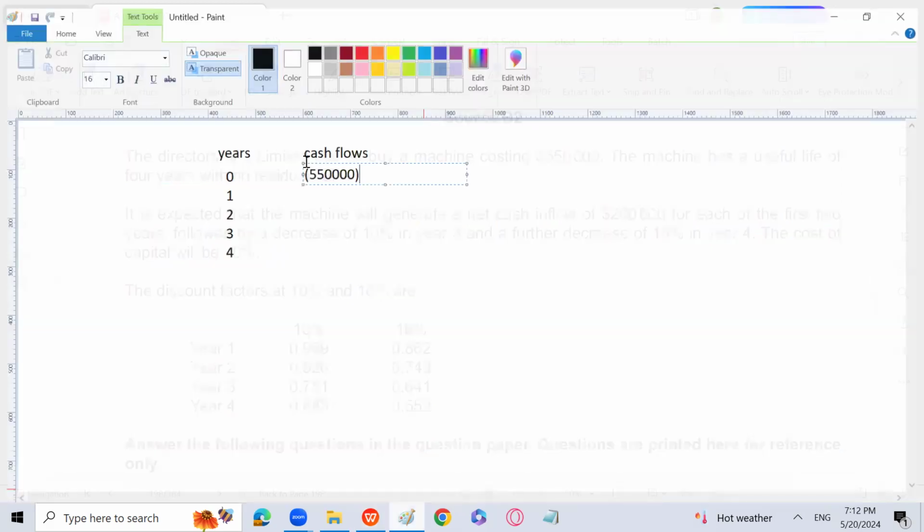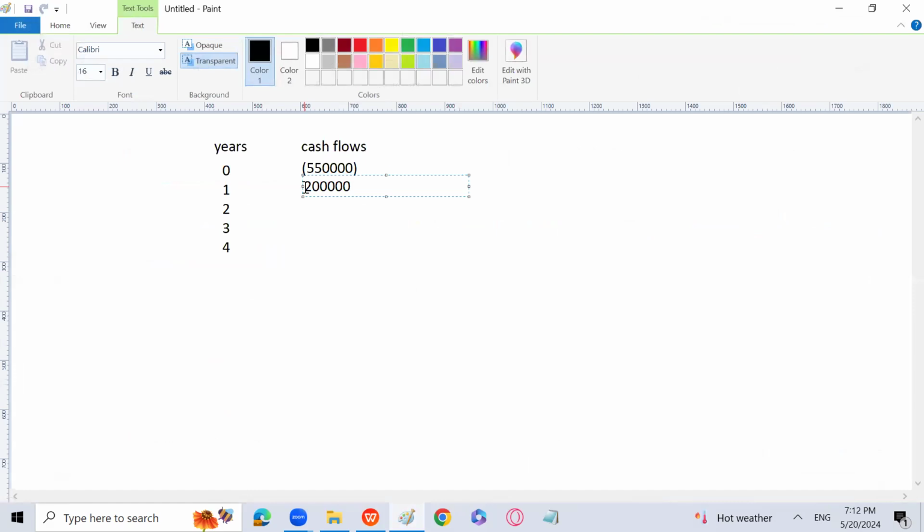So let me write it first. So in year 1, 2 lakh, again 2 lakh, again 1,80,000, and then again 1,62,000. How come, sir? Beta, if you calculate 10% of 1,80,000, it becomes 18,000. And you subtract 18,000 from 1,80,000, you will get 1,62,000. So it's quite easy to understand that.